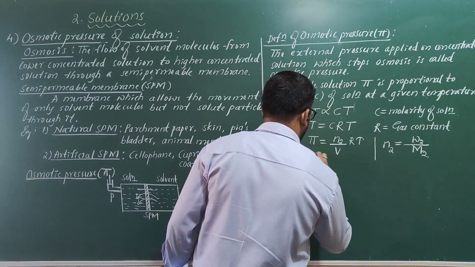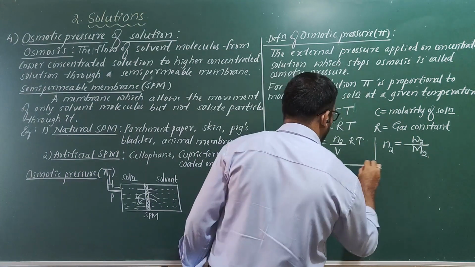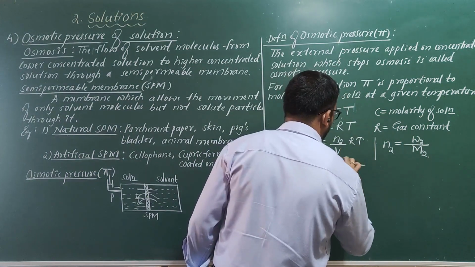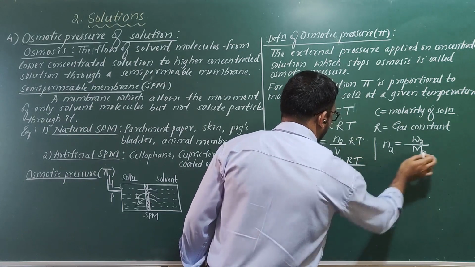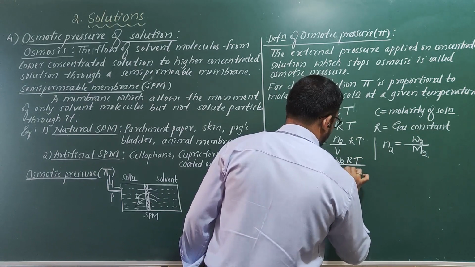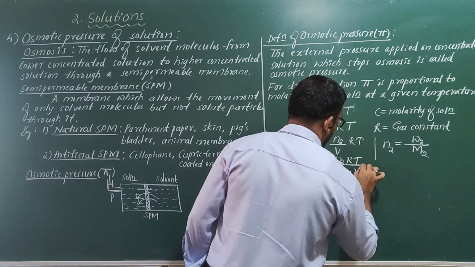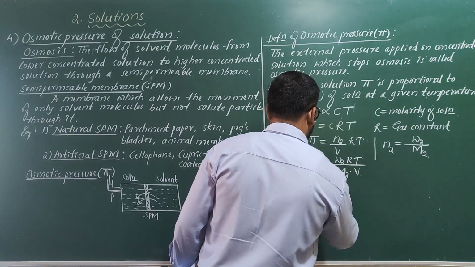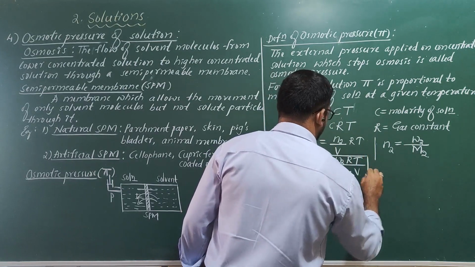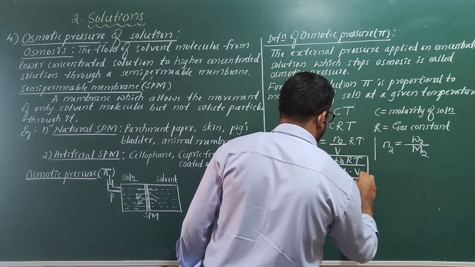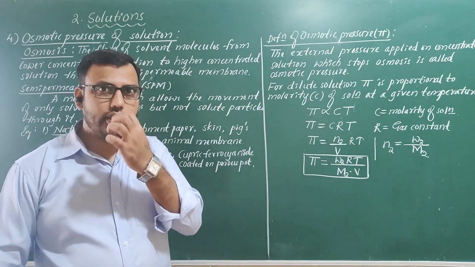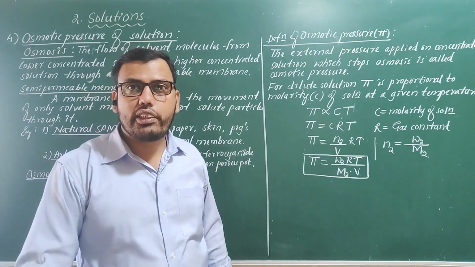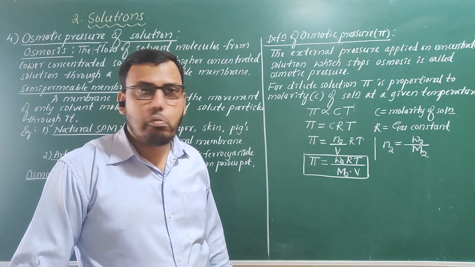So therefore pi is equal to W2 RT divided by M2 into V. This expression shows that osmotic pressure is a colligative property.